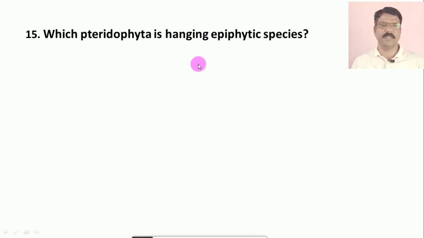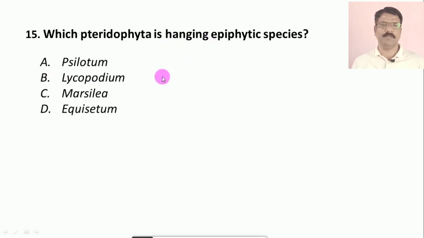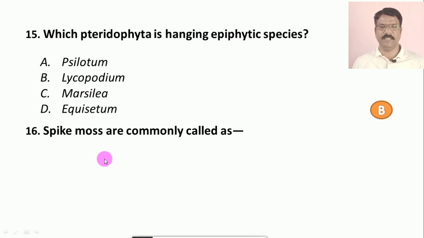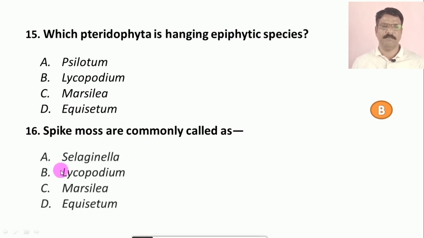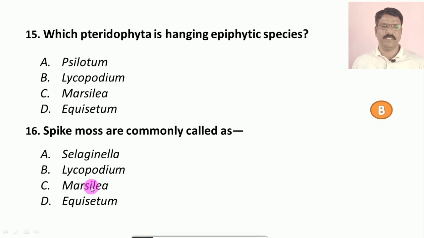Question number 15: which pteridophyte has hanging epiphytic species? Options are A. Psilotum, B. Lycopodium, C. Marsilea, D. Equisetum. The correct option is B, Lycopodium. Some Lycopodium species are hanging epiphytes. Question number 16: spike mosses are commonly called as. Options are A. Selaginella, B. Lycopodium, C. Marsilea, D. Equisetum.